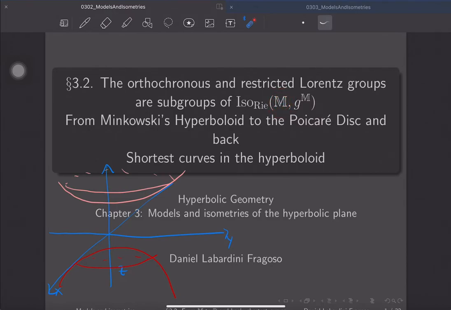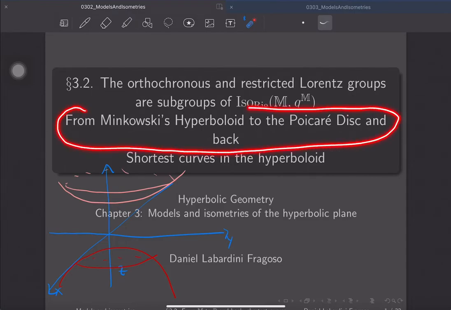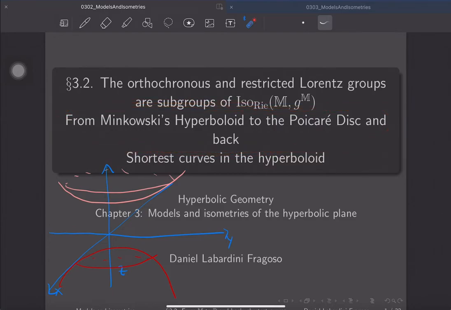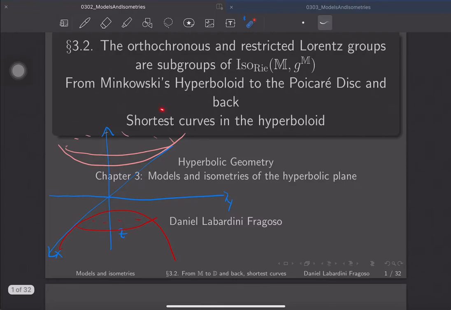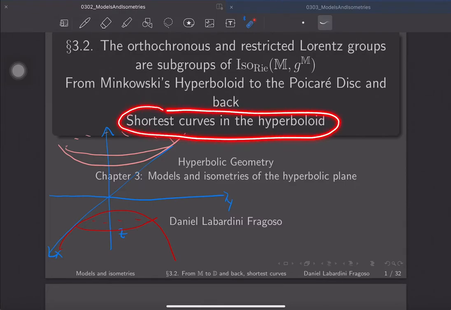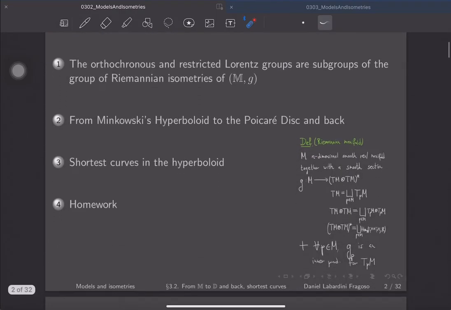This would be for the orthochronous one, and the restricted one was all of those that also have determinant 1. And we spoke about the stereographic projection between the Poincare disk and the hyperboloid. But I think we didn't get to actually speak about shortest curves in the hyperboloid.